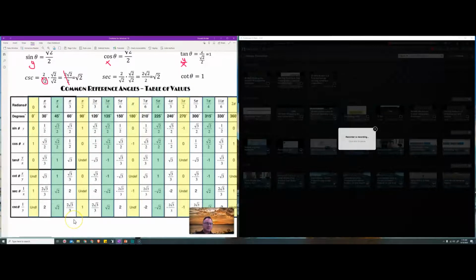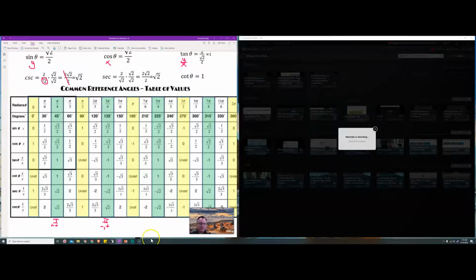So tangent is going to be negative, cotangent is going to be negative, secant is going to be negative, and cosecant is positive. So this is quadrant 1, which are plus, plus. This is quadrant 2, which is a minus on the x and a plus on the y.